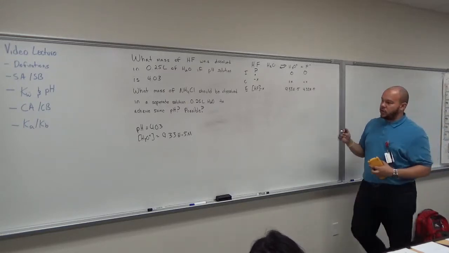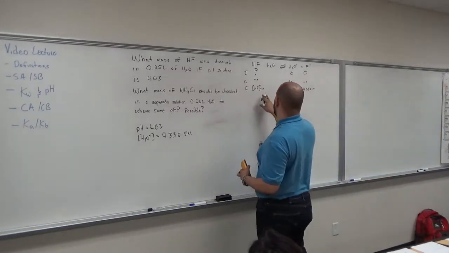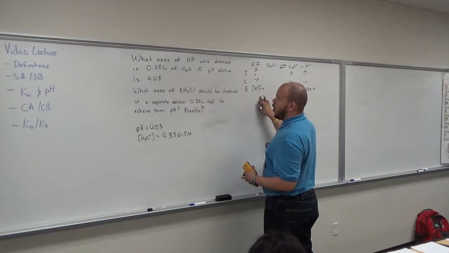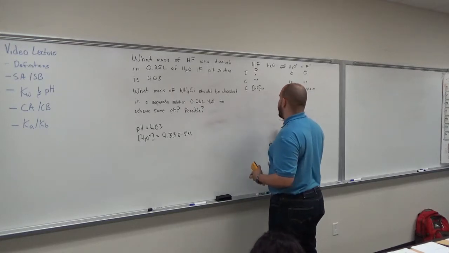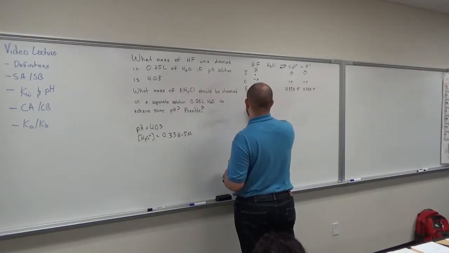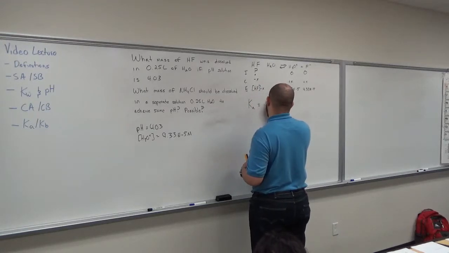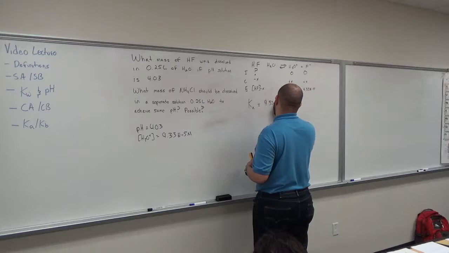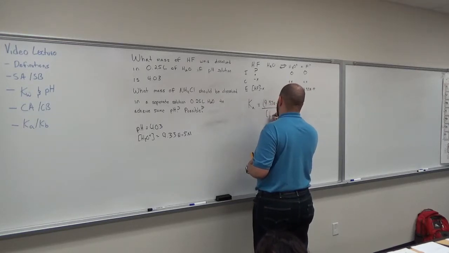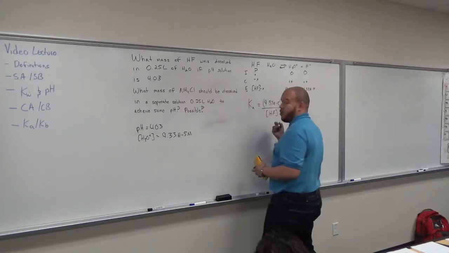You should also understand that because we are dealing with a weak acid, generally speaking, you're going to see that that X can be dropped from the minus. So you can be dealing with a Ka that's 9.33 e to the negative 5 squared all over the concentration of HF.